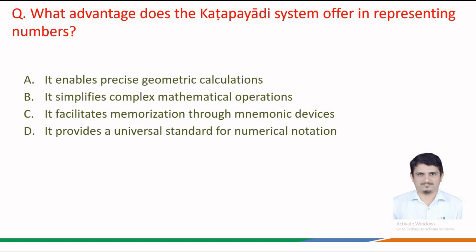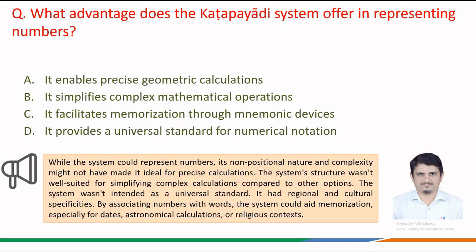What we must know to answer this question correctly is, while the system could represent numbers, its non-positional nature and complexity might not have made it ideal for precise calculations. The system structure wasn't well suited for simplifying complex calculations compared to other options. The system wasn't intended as a universal standard.